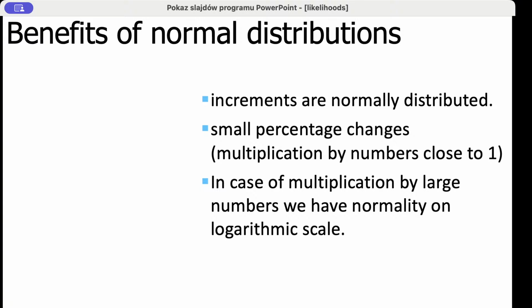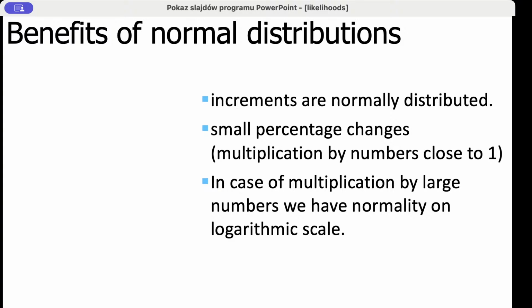But that's not only those. If we multiply numbers by one another, especially by numbers close to 1, so having small percentage changes, adding 1% to something does not make a problem. It still can be considered a normal distribution of increments.